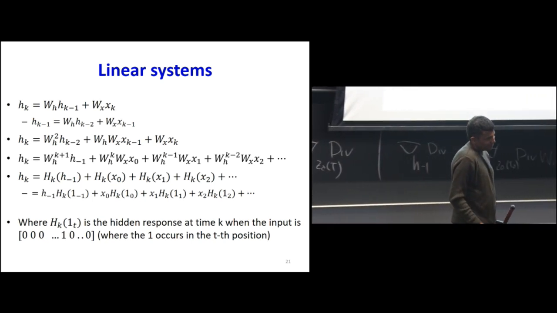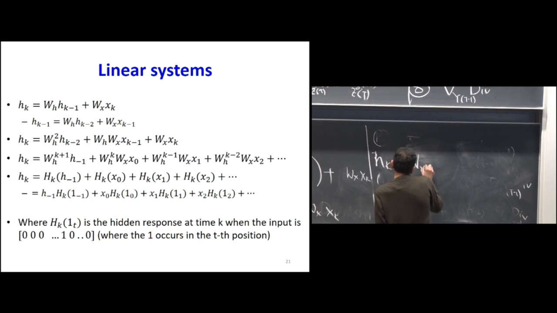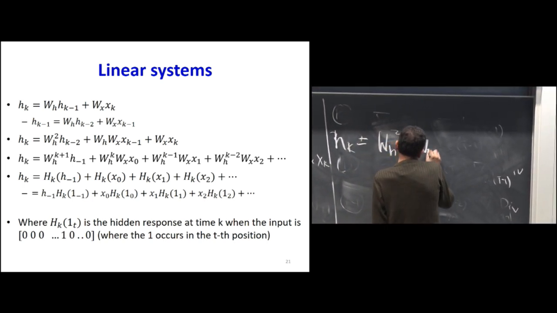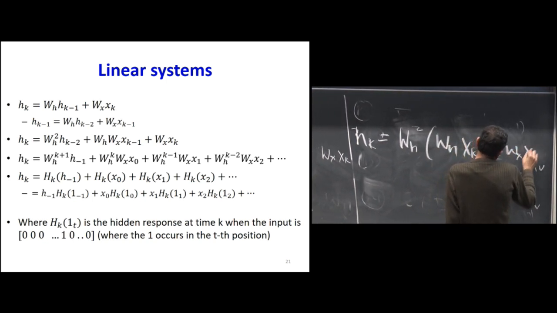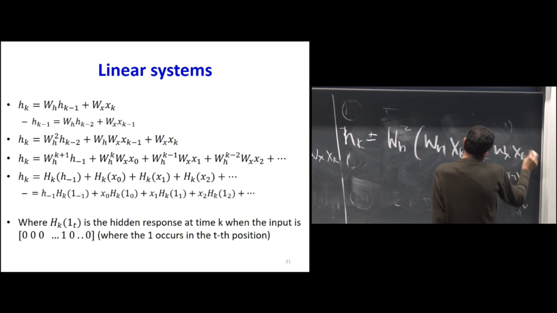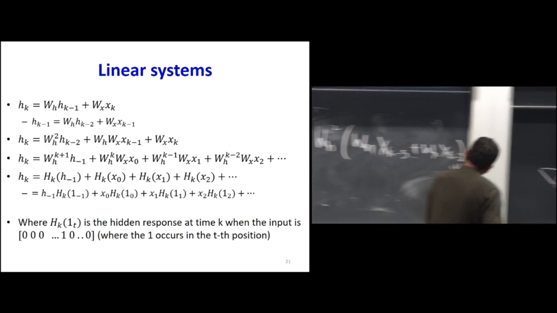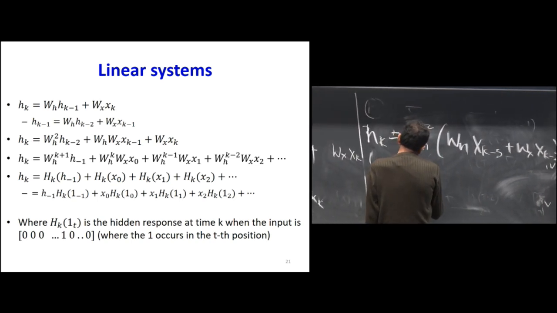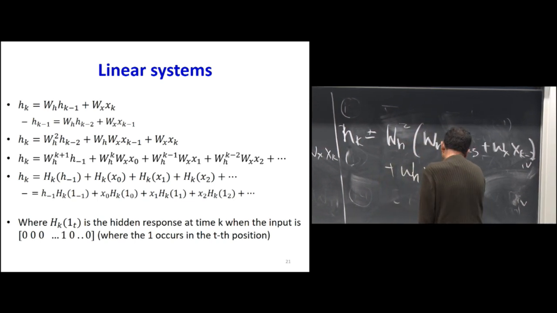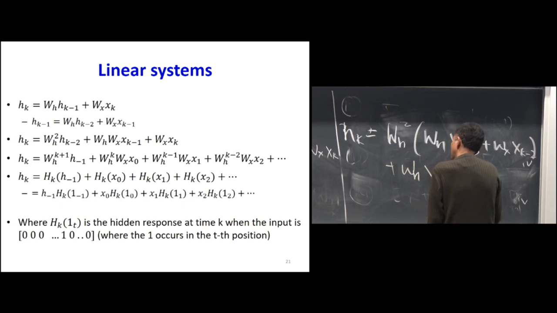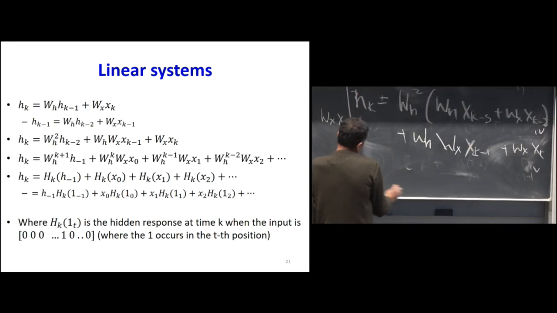We just substitute: W_h squared times W_h h_{k-3} plus W_x x_{k-2}, plus whatever else we've got, which is W_h W_x x_{k-1}, plus W_x x_k. And that's simply going to become, somebody want to expand that for me?